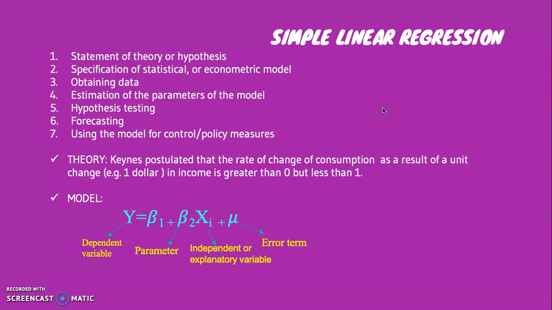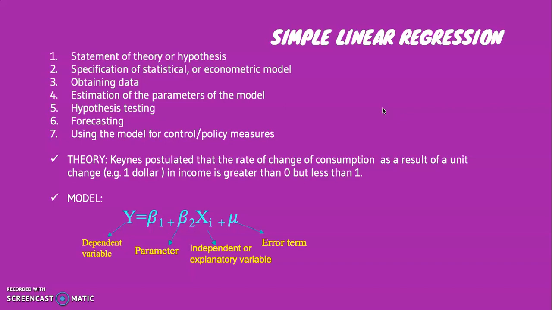Then you estimate the parameters of that model. I'm going to be talking about that as we continue. Then the fifth step is to carry out hypothesis testing. When you've done all that, then you can do your forecasting. And lastly, you can use the model for control or policy measures because that is the main objective.